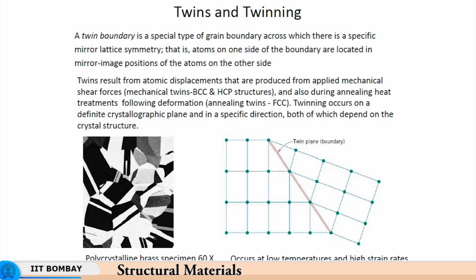So, you have an initially healthy crystal, and then these atoms have moved. These were a part of the orderly arrangement of atoms, but under certain stress, this atom becomes a mirror image of that atom with respect to this plane.